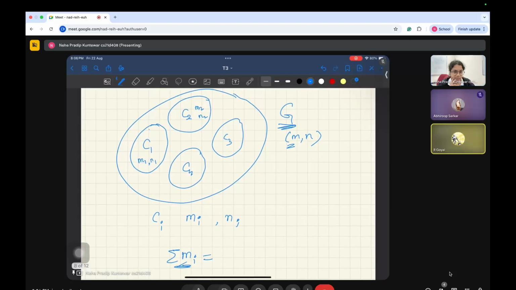So the summation of mi in this case, since C1 is the connected one, therefore m1 would be greater than n1. Being connected would mean that we can make a move, a strongly connected kind of thing, from a vertex to any other vertex.